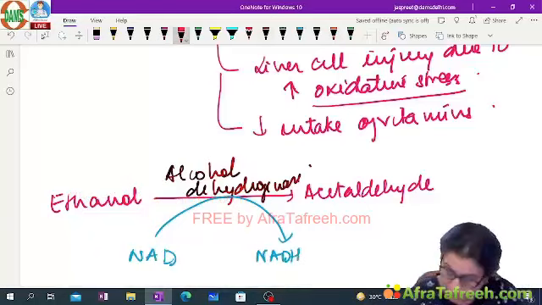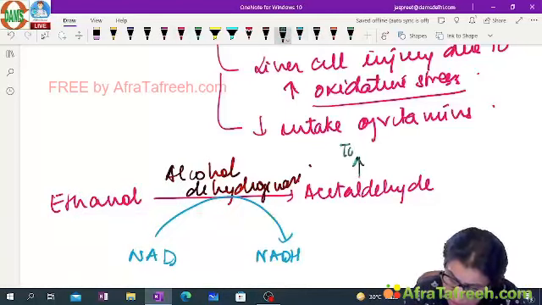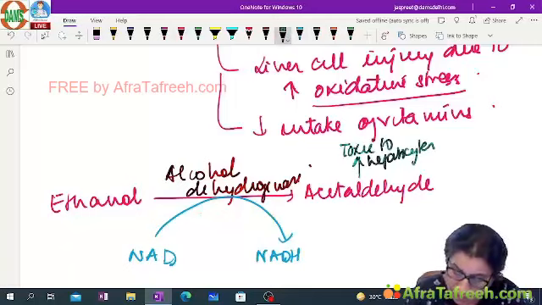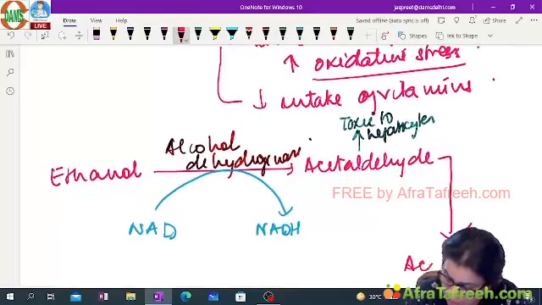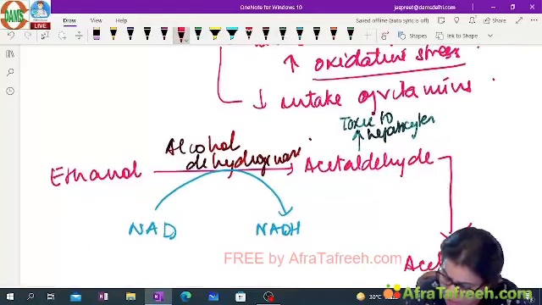Second, this acetaldehyde, as we saw, is toxic to hepatocytes. Then this acetaldehyde is further converted to acetic acid in the mitochondria.